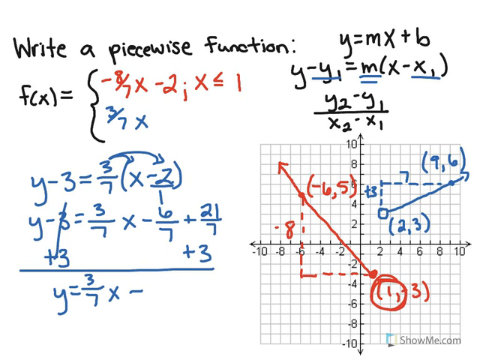What is 21 divided by 7? It's 3. So it's the same exact thing. So what is negative 6 plus 21? Or what is 21 minus 6? And the answer is 15. And then my denominator is 7. So this is the function for this. It's a good thing we didn't guess. Although it's very close to 2, it doesn't seem like it's 2 exactly.